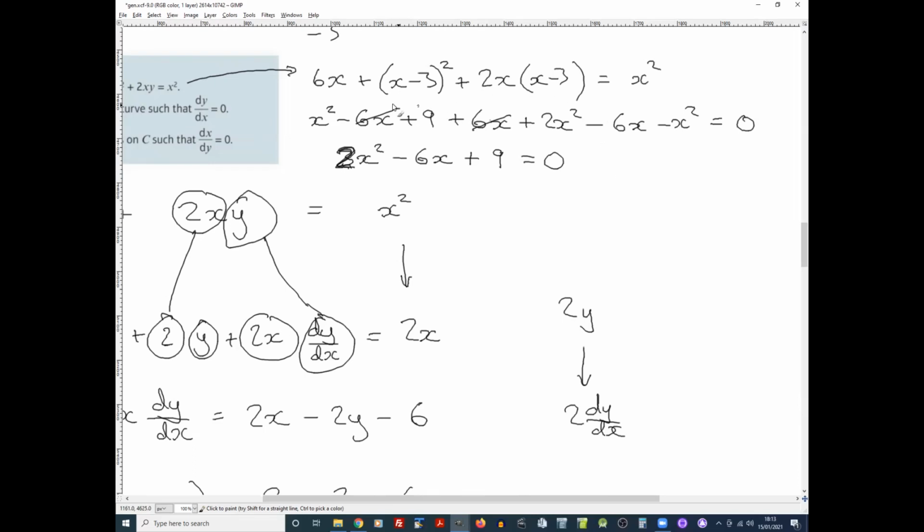Yes, I wanted to expand that first. So yes, 2x squared minus 6x plus 9, is it? Okay, and now we can answer their first question, can't we?